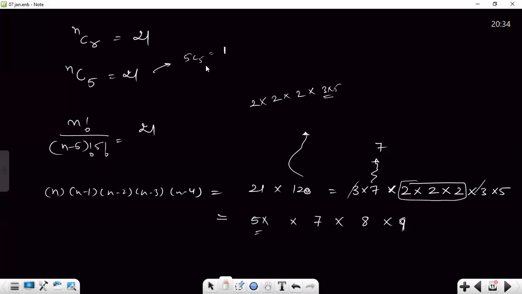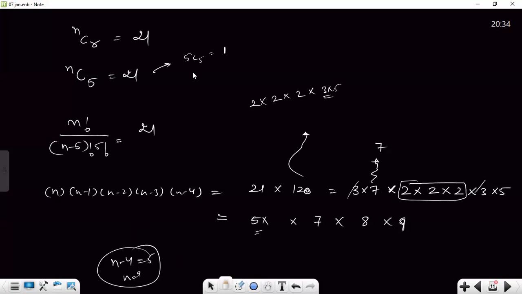No chance, it will become 1. Okay, so let's assume n is 6, but the least is n minus 4. So we had to assume n minus 4 as 5, right? The least is 5 on the right-hand side. The least on the left-hand side is n minus 4. So n should be 9 as per our assumption here.